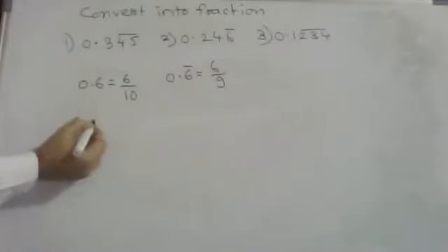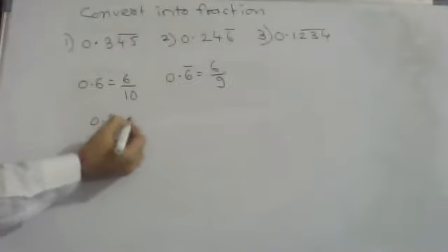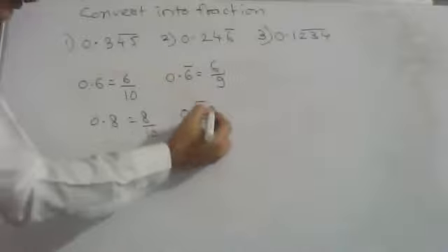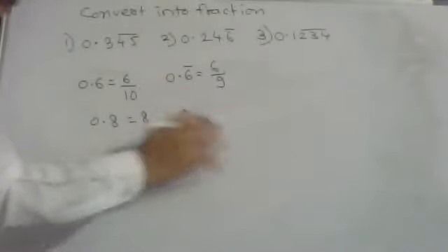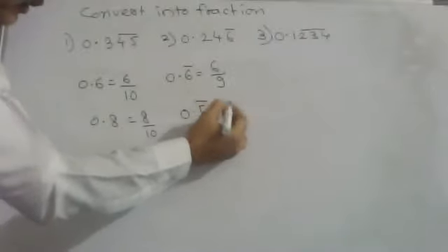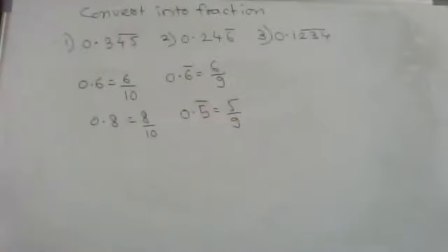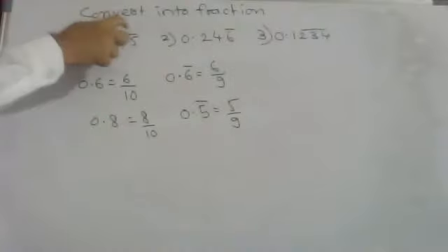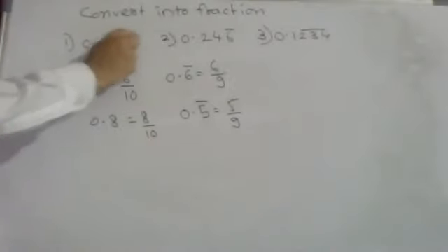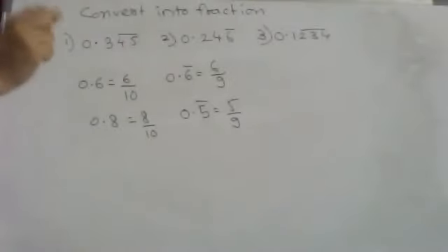Keep in mind, 0.8 is 8 upon 10. 0.9 bar is 1. 0.5 bar is 5 upon 9. So whenever there is a bar, that means 9.